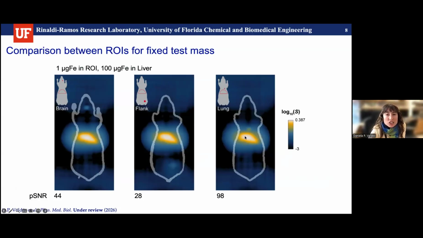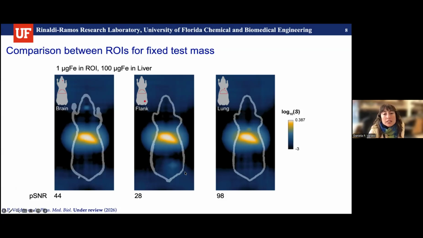Why is that? The lung is very, very close to the liver. So the lung data set is going to serve us to characterize the spillover from the liver to the lung and see this overestimation that I told you about. The brain is far away from the liver, pretty localized, high SNR, so we should have no problems with this.